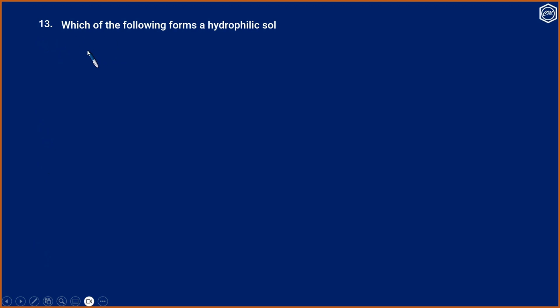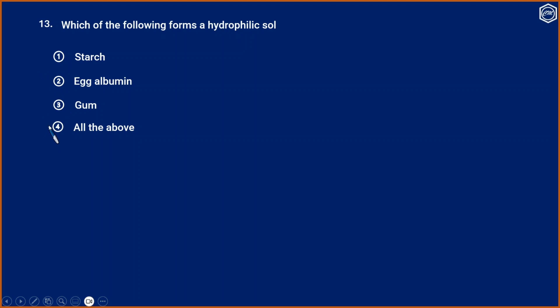Question number 13. Which of the following forms a hydrophilic sol? 1, starch; 2, egg albumin; 3, gum; 4, all the above. Hydrophilic means water loving or solvent loving. All the three form such a sol.